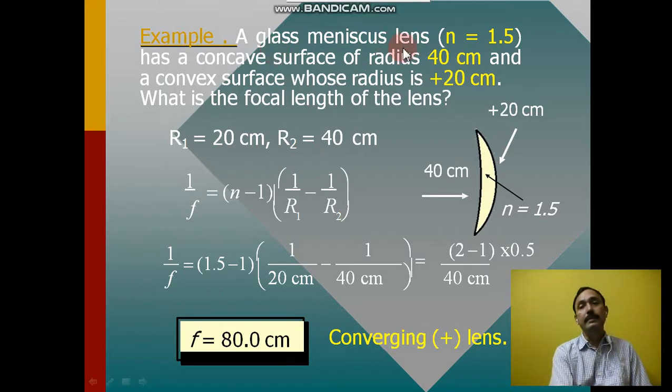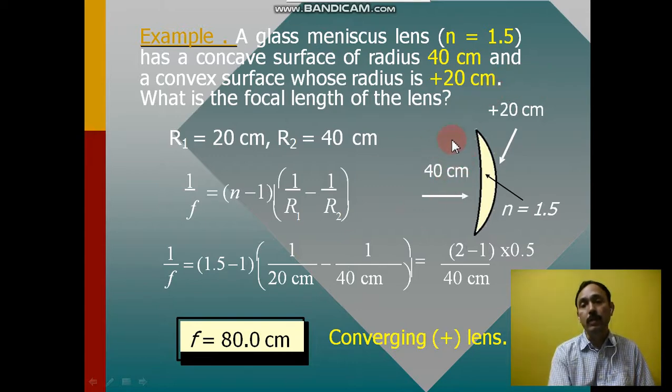A glass meniscus lens of refractive index n equal to 1.5 has a concave surface of radius 40 cm, here in this figure, this is the concave surface, and a convex surface, this is the convex surface, its radius of curvature is 20 cm.